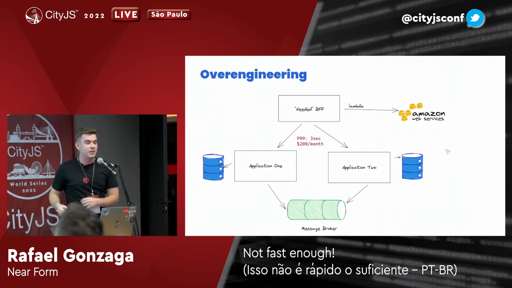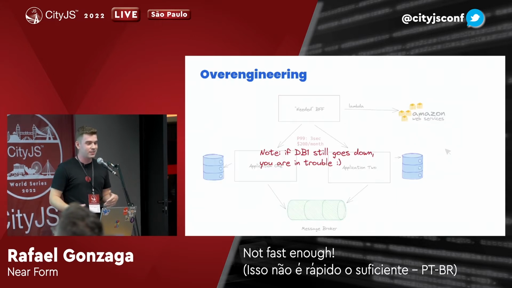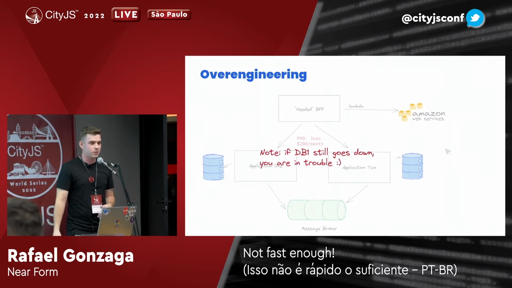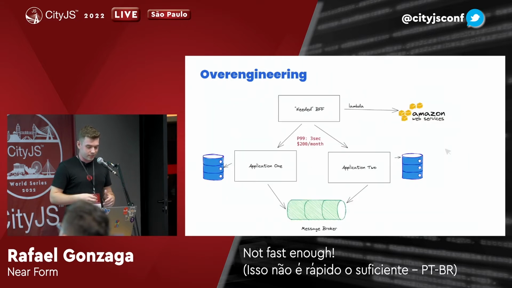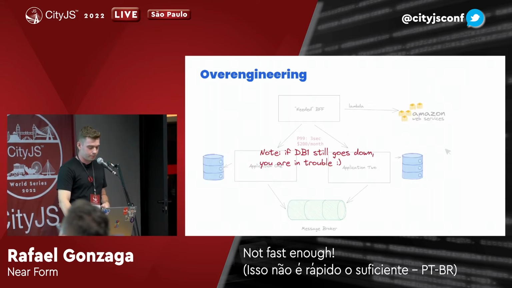And then at the end of the day, you are spending a lot more money and your P99 is still high. And in fact, if DB1 goes down, it's still in trouble. Okay, so everyone had this behavior in the past, but you learn from the experience.